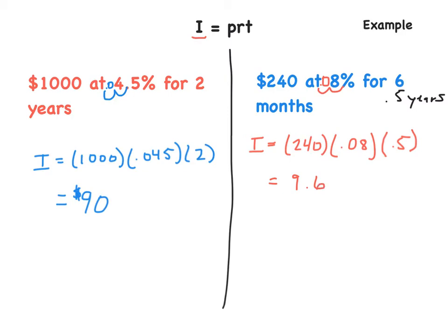But remember, we're talking about money here. So this is $9.60. So what this means is if we invest $240 at 8% for 6 months, we will get an interest of $9.60.